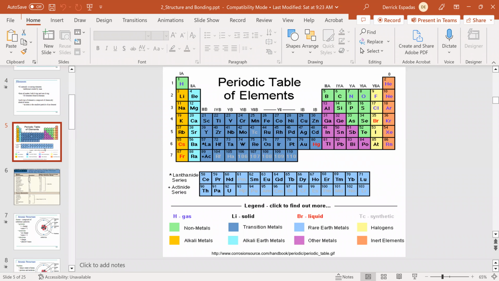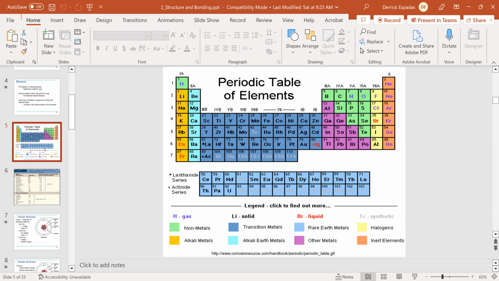You may or may not have seen this before, but this is how we organize the elements. It's called a periodic table of elements, and they're organized in categories and classes. This is a highly organized chart where everything has been put in its spot for a specific reason.